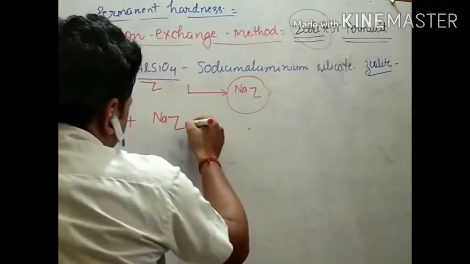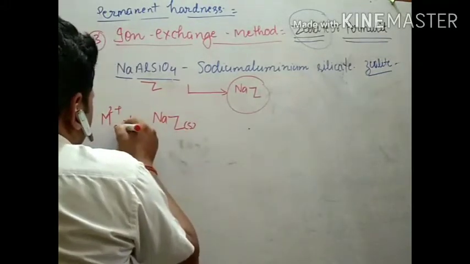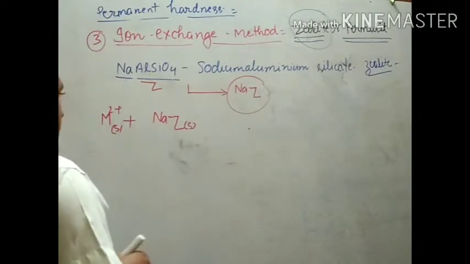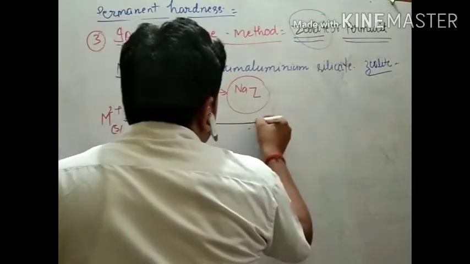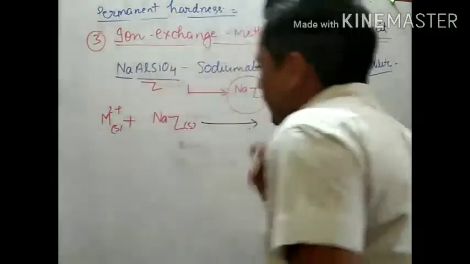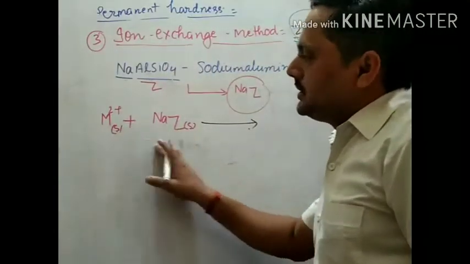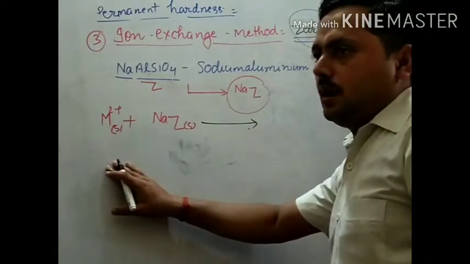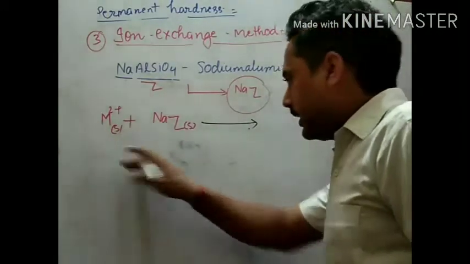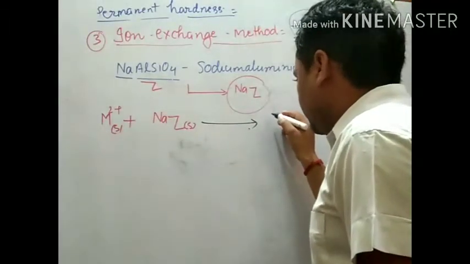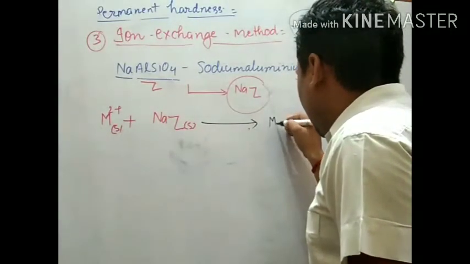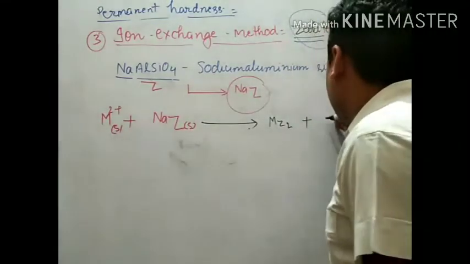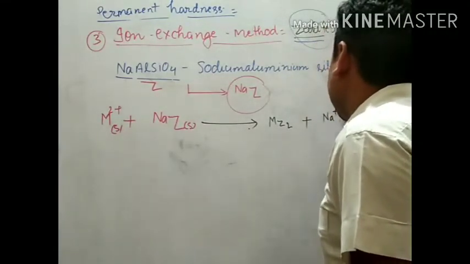It is solid form, and it forms a compound like this, insoluble impurities. When NaZ reacts with calcium or magnesium ion present in hard water, they form a complex, MZ2 plus Na plus.